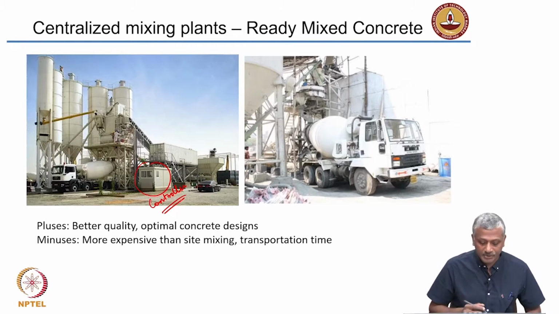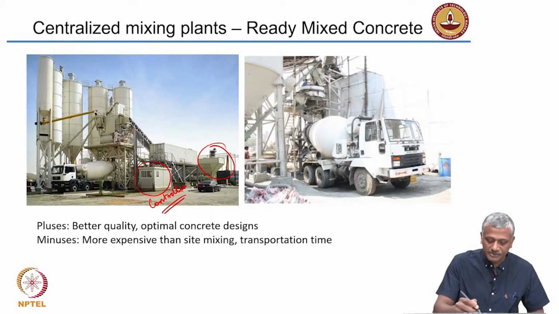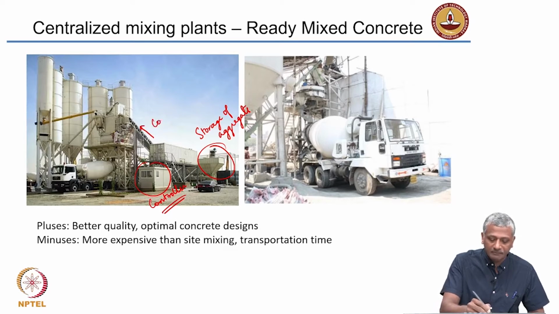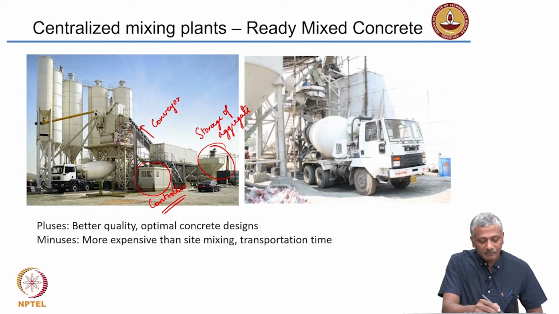What are the other things that you see here? You see some storage facilities for aggregates. And these aggregates, after they are measured adequately, are conveyed using these conveyor belts into the mixing equipment. You do not see it very clearly, but the mixer is located here.